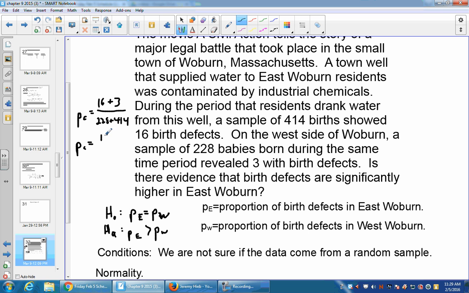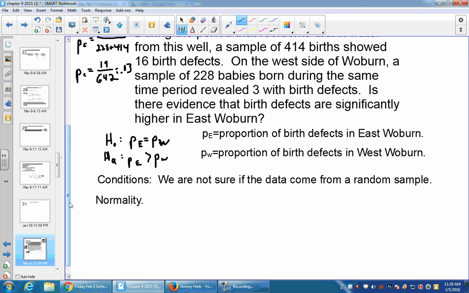So that's going to be 19 over 642. So our combined p is 19 over 642, which gets us about 0.0296, or 0.03. So that's what we use for our values.